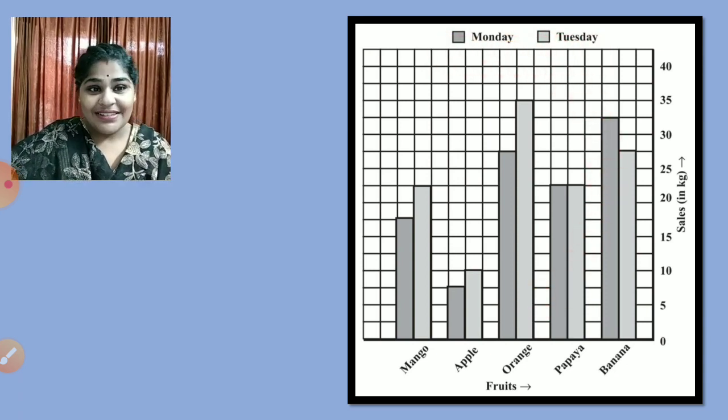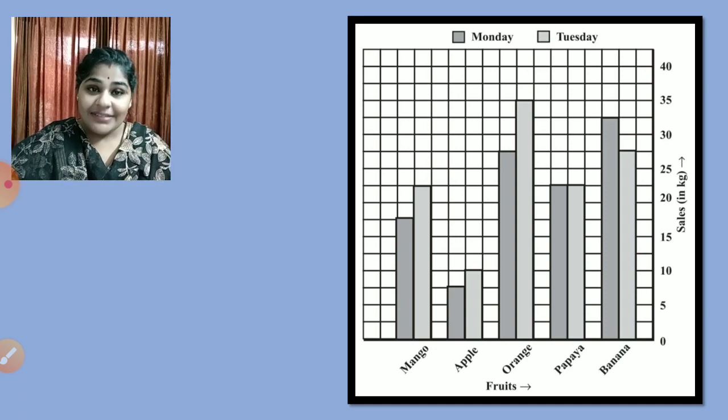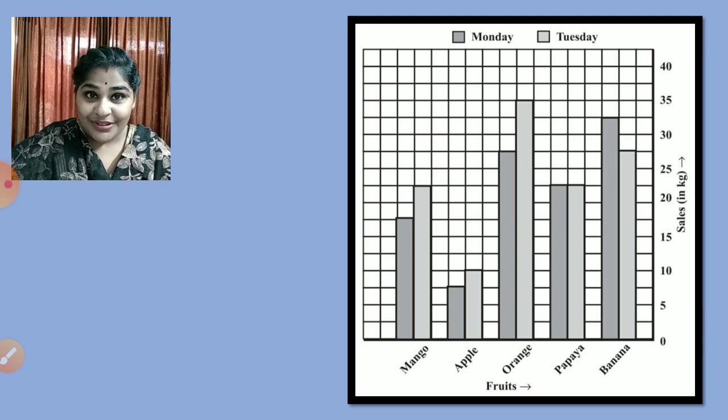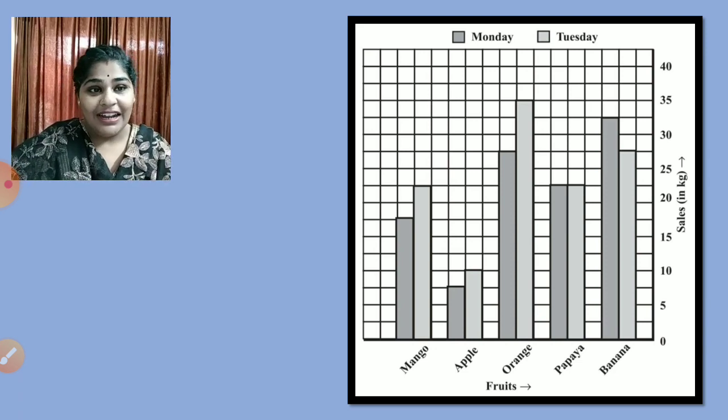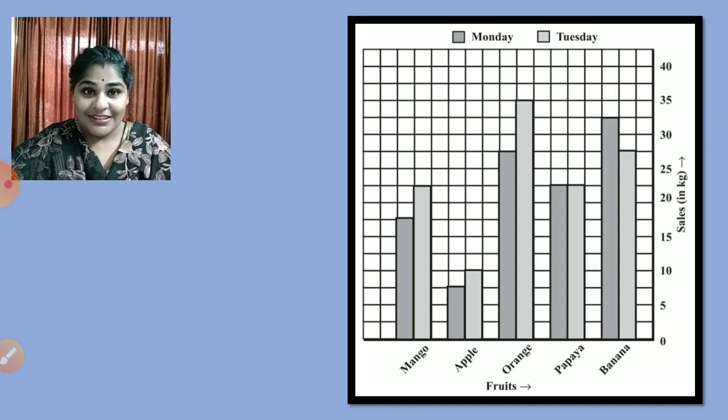On the x-axis, different fruits are shown, children, like mango, apple, orange, pineapple and banana, right? And on the y-axis, it is showing the sales in kg. That means it is showing the sales in kg of different fruits on Monday as well as on Tuesday. So here we can also compare on which day the sale of a particular fruit was greater.